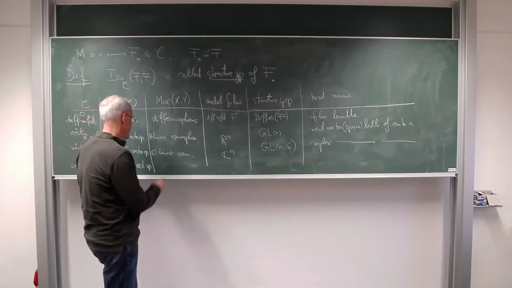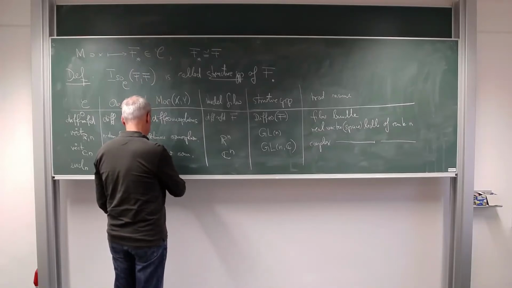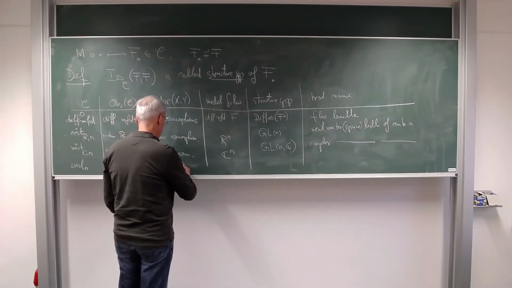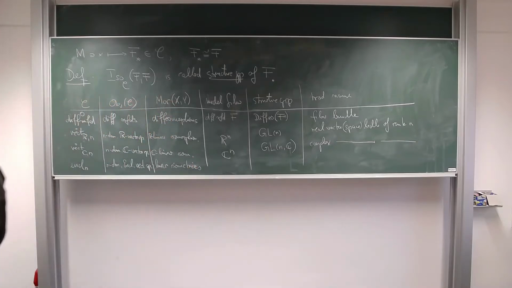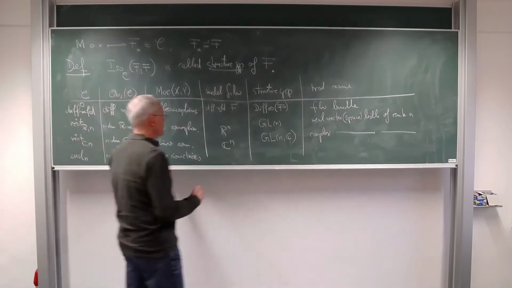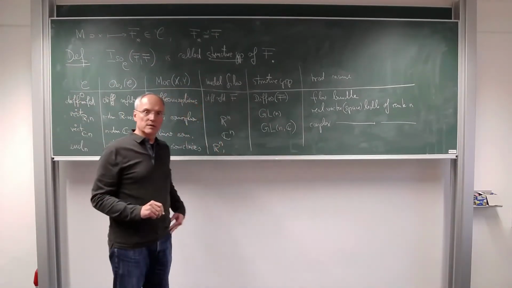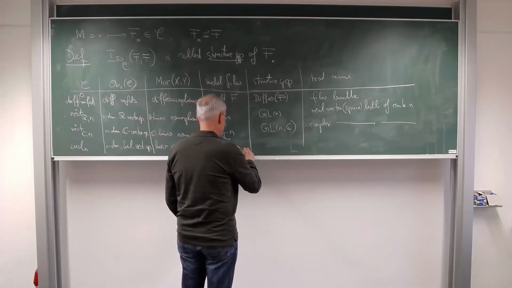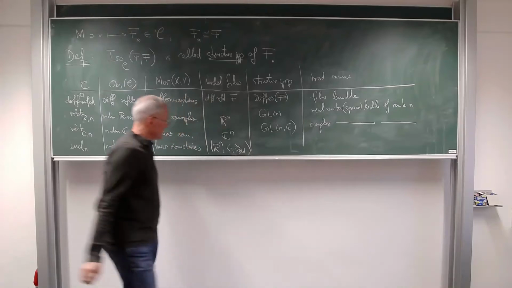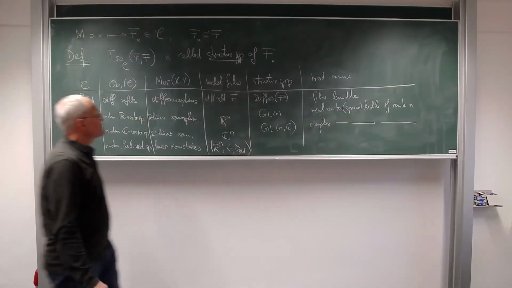And the morphisms would then be linear isometries, which are isomorphisms which also respect the scalar product. And as our model fiber, we could take Rn equipped with the standard Euclidean scalar product. That's the standard Euclidean vector space, if you like.